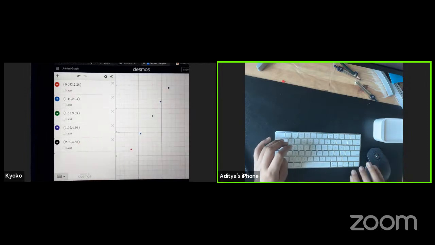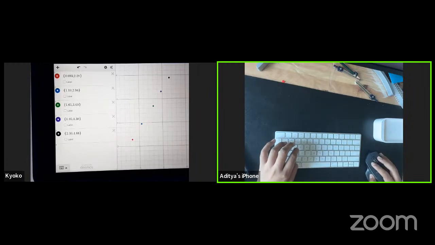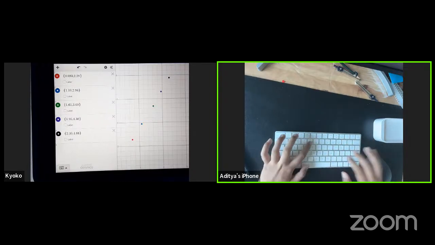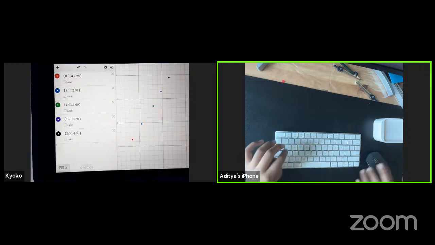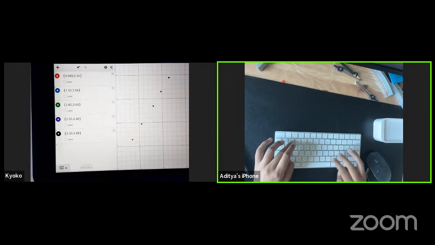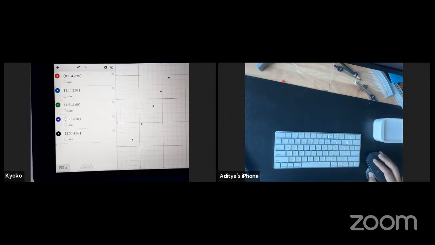Almost. Yeah, now it's a straight line. So it looks like it, yeah?